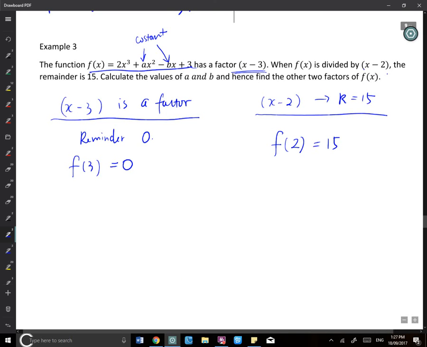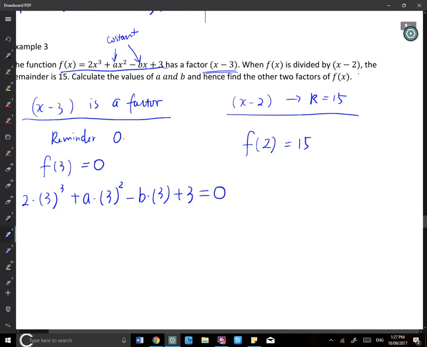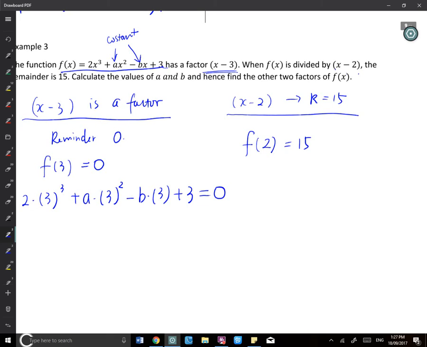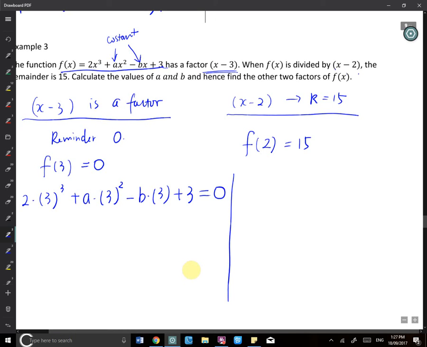What's f(3)? f(3) is 2 times 3 cubed plus a times 3 squared minus b times 3 plus 3, which equals 0. What is f(2)? f(2) is 2 times 2 to the power of 3 plus a times 2 to the power of 2 minus b times 2 plus 3 equals 15.